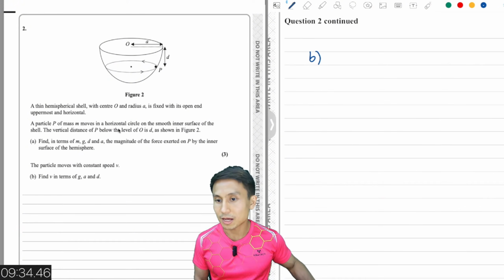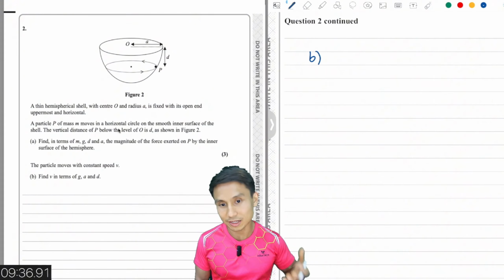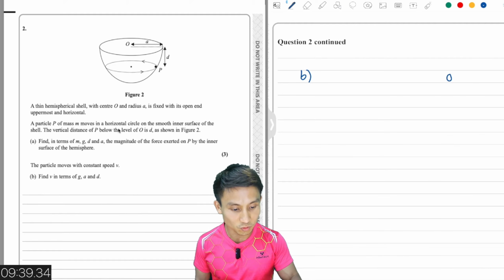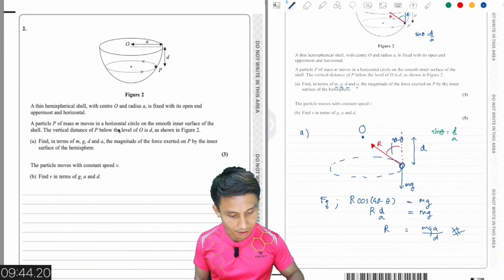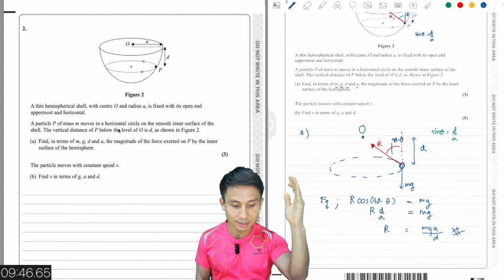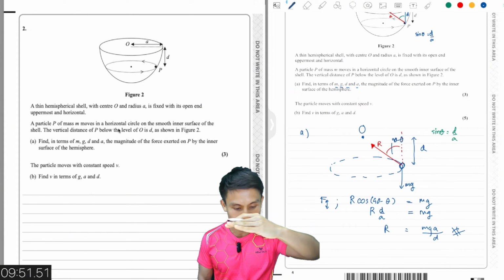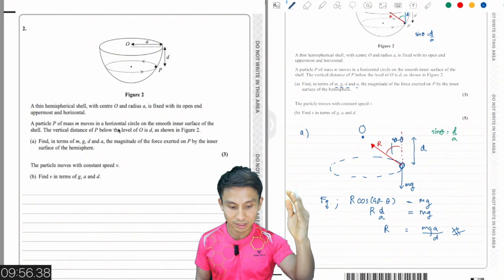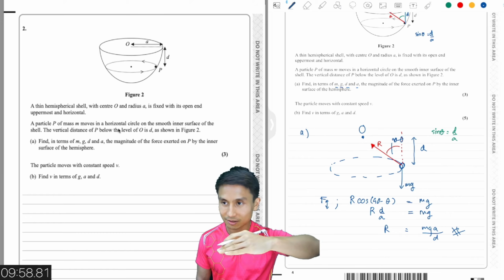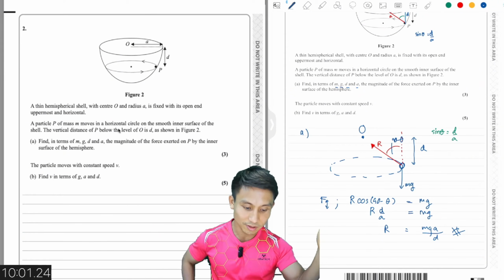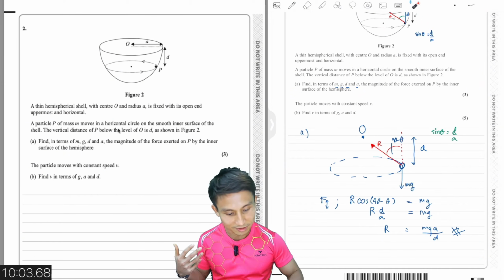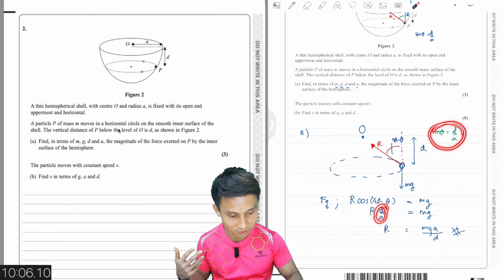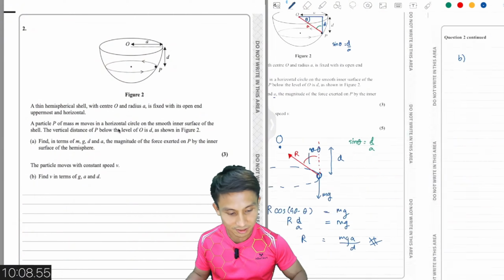Part B. The particle moves with a constant speed v. Now this is where we need to resolve towards the center, to the left. So remember we got R cos(90 minus theta) to be the upward component. If you resolve to the horizontal component, that would be R sin(90 minus theta), which is the opposite, so earlier we got sine theta, and here we're just going to use cos instead.